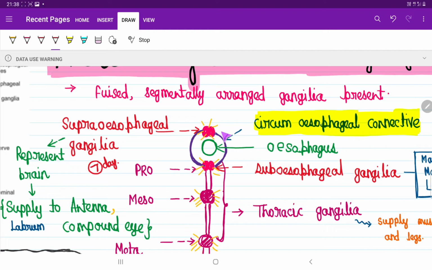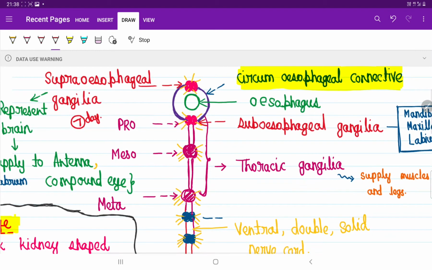This circumesophageal connective is the nerve that connects the supraesophageal ganglia and the subesophageal ganglia. The subesophageal ganglia is present in the prothorax, and then we have another ganglion in the thoracic region and a third ganglion. In total, 3 ganglia are present in the thoracic region.